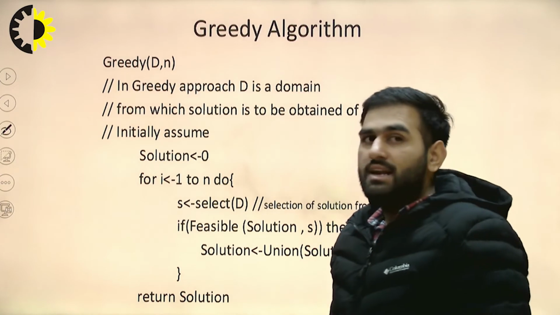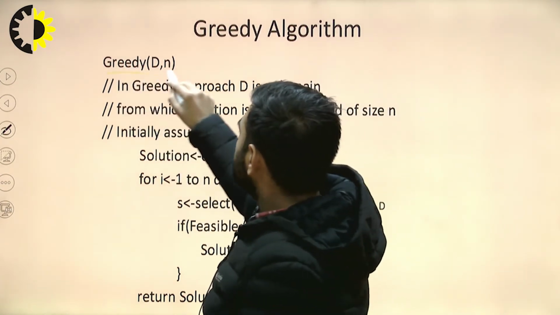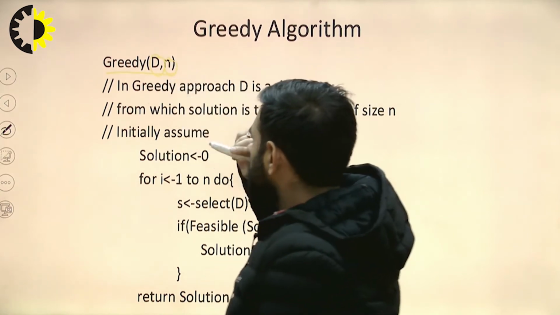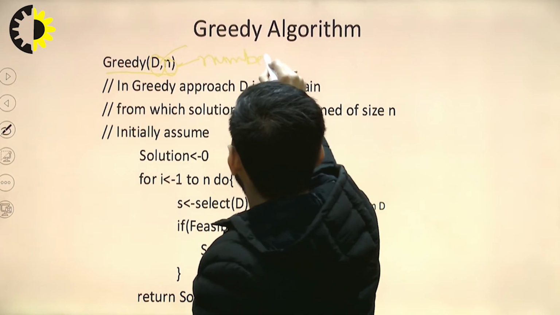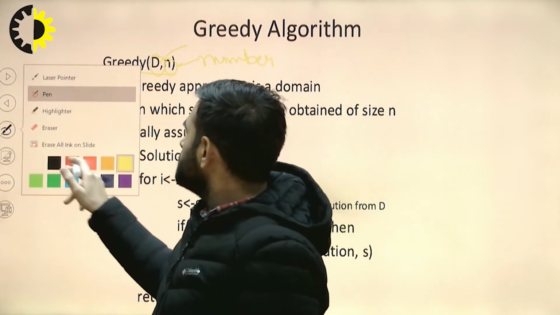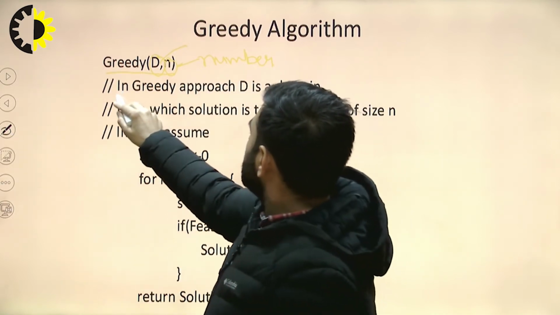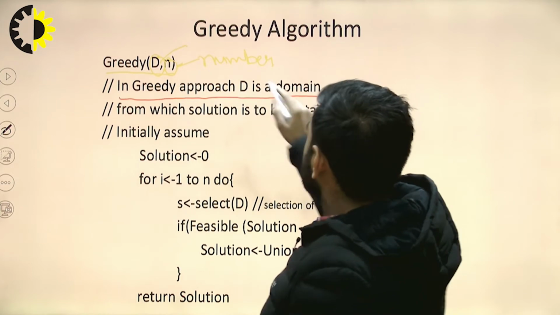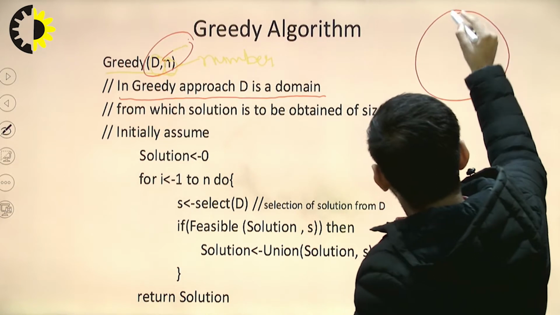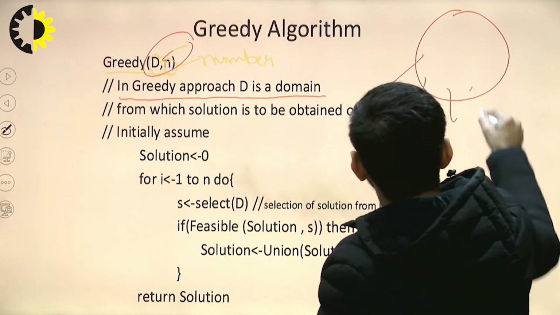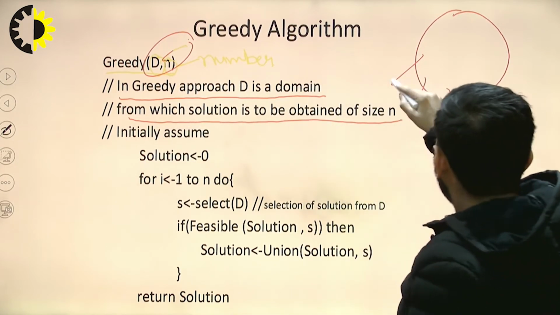Now, let's see a dummy algorithm for greedy algorithms. Greedy(D, n). Suppose these are the weights, and this is the number. In the greedy approach, D is the domain from which we have to select the items, from which the solution of size n is to be obtained.